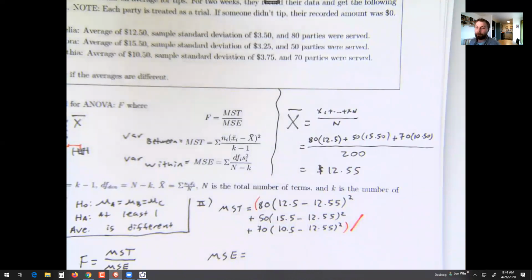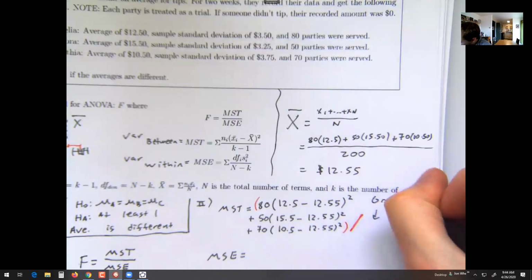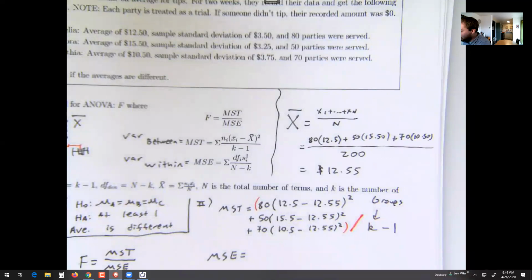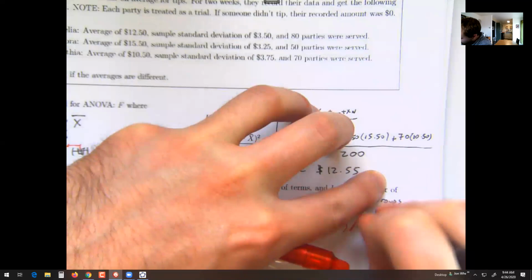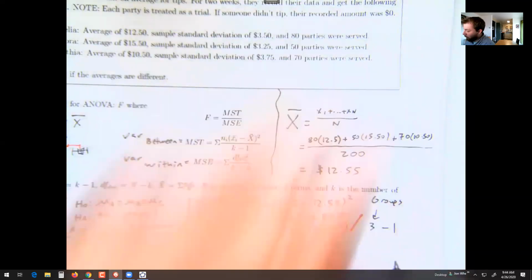I should have a degree of freedom of 2. In general, your degree of freedom is going to be the number of groups minus 1. Our number of groups for this problem is 3. I'm looking at 3 people. So my denominator is going to be 2.